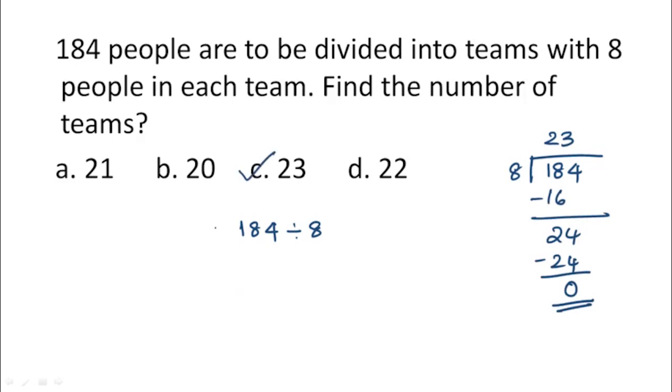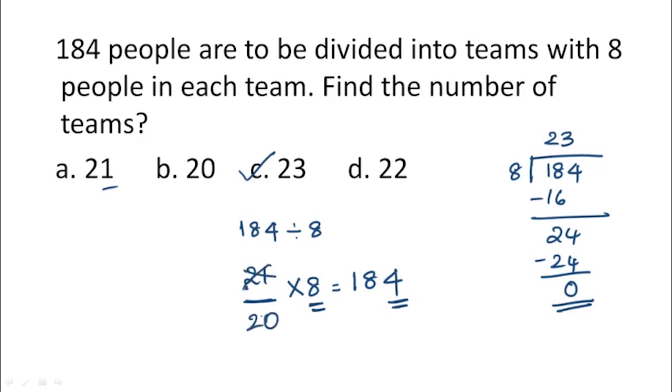Or the other way in which you can do is, there is some number, when you multiply it by 8, the answer that you get is 184. So the last digit of your answer is 4. What last digit here, if you multiply with 8, will you get the answer as 4? See, if the number here was 21, 1 8s are 8, it's not 184. So 21 cannot be the answer. Again 20.